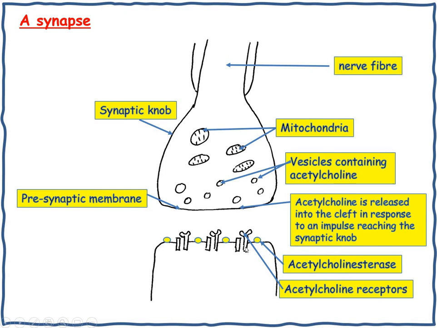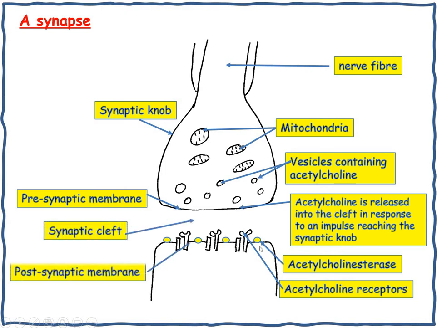At the other end, on the postsynaptic membrane, there are receptors for acetylcholine if it's a cholinergic receptor. And then there's also acetylcholinesterase, which is an enzyme which breaks down any excess acetylcholine which is left over in the synaptic cleft.